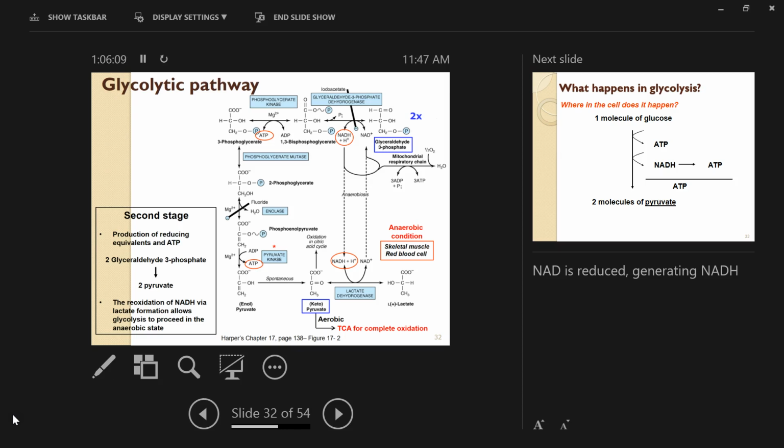This is the key reaction. Two ATP molecules are generated from one 3-carbon intermediate produced in the first stage, through these two reactions.